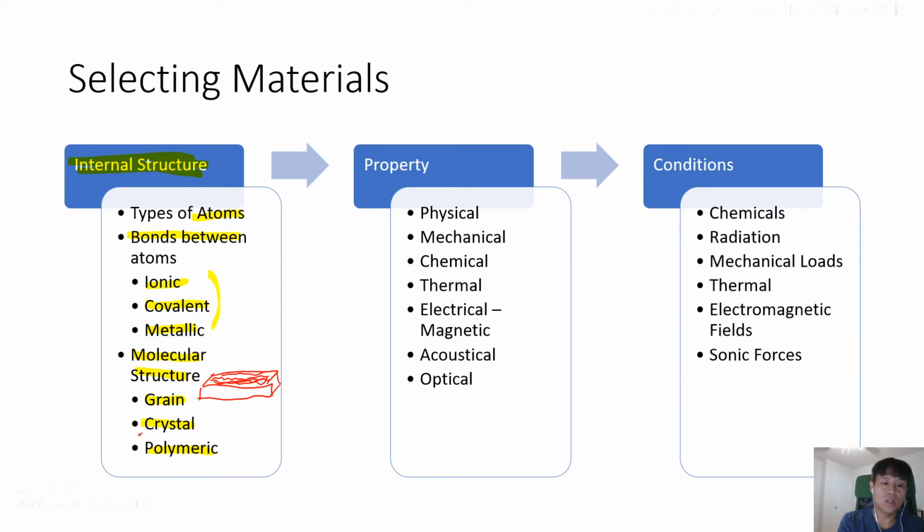And crystal means a certain pattern type of structure. So let's say this is a material and it has a certain pattern structure. That is crystalline structure.